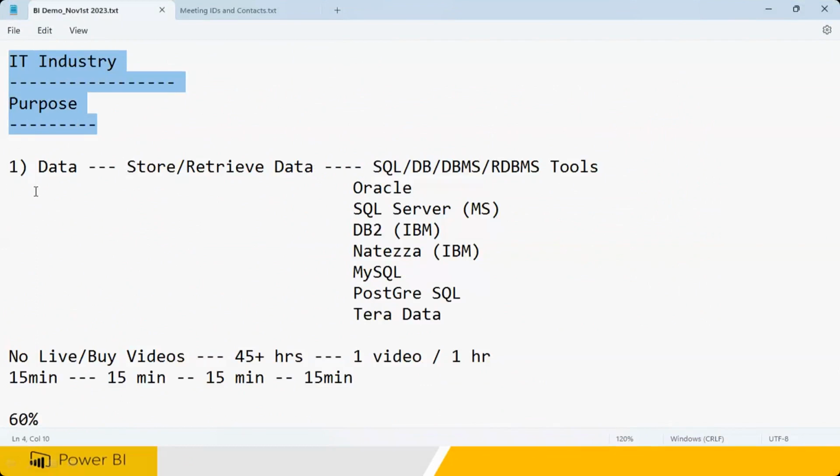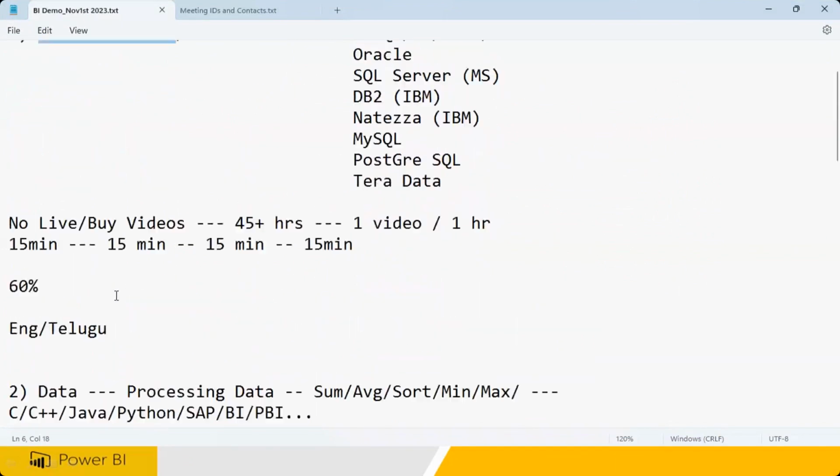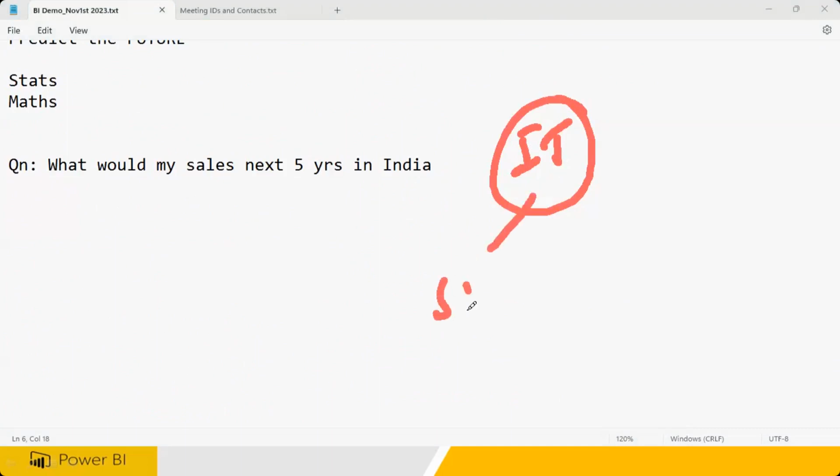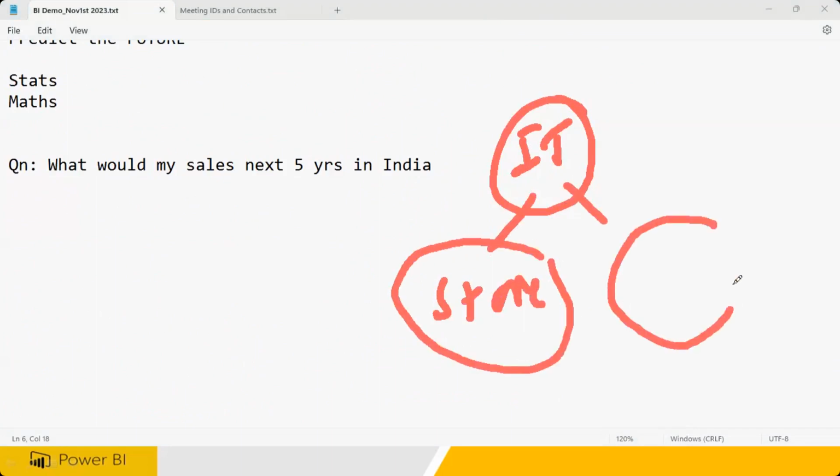The IT industry is going to be doing only two things: storing the data and processing the data. If you go to any IT company, Capgemini, Accenture, IBM, any company is doing only two things: storing the data and processing the data. That's it. The IT industry's core functionality is only these two.